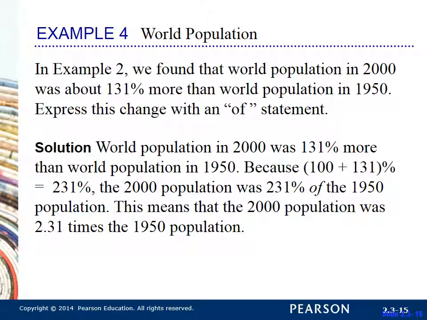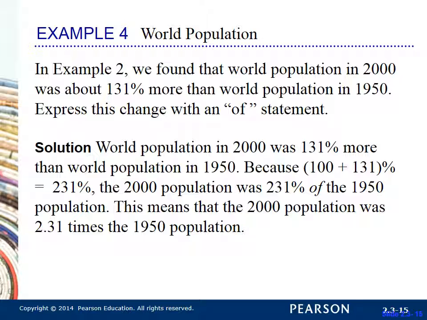So that'd be 100 plus my 131. So that's 231% of what I started with. So the 2000 population is 231% of the 1950 population. So this means the 2000 population was 2.31 times the 1950 population.